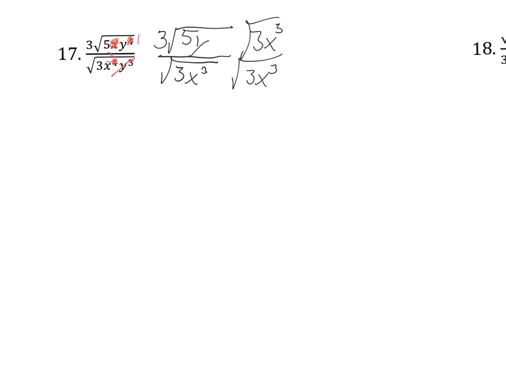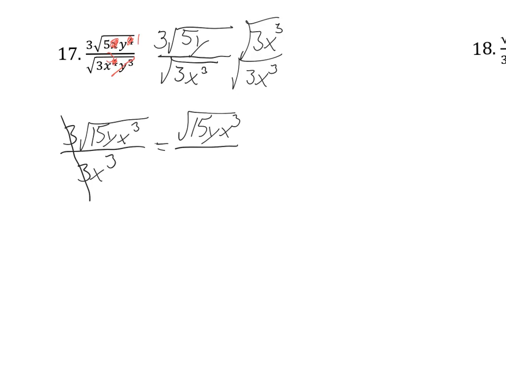So that's going to give me 3 radical 15y x to the third over 3x to the third, because those would just cancel out. Now I have a pair of 3's, so these are both going to go away. So that's going to give me radical 15y x to the third over x to the third.